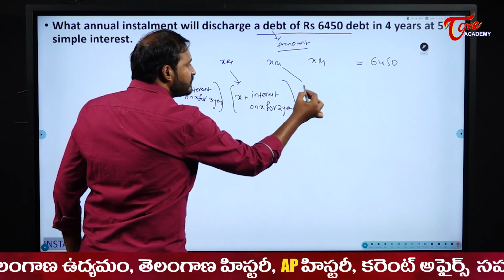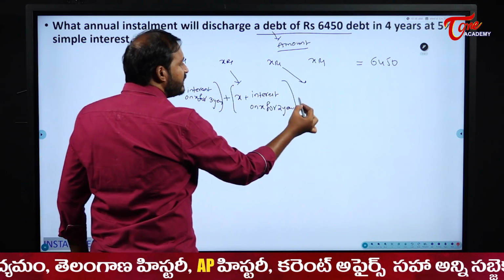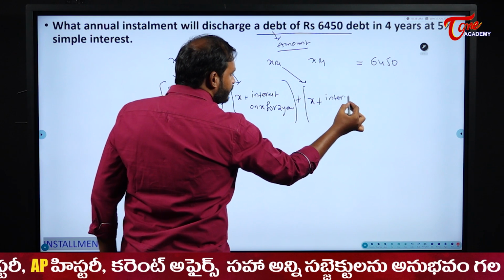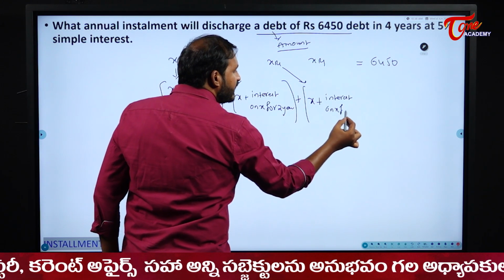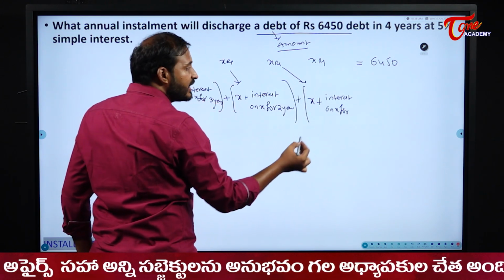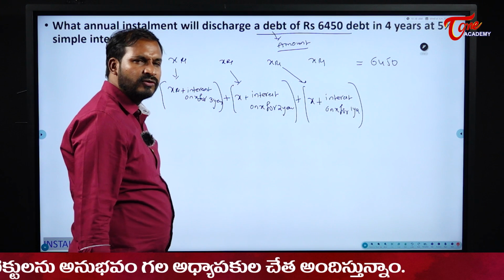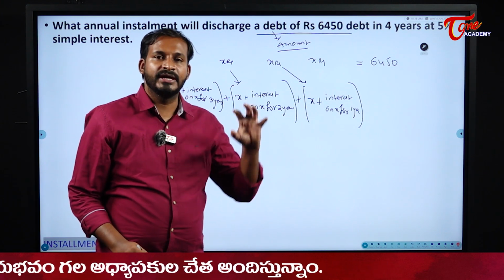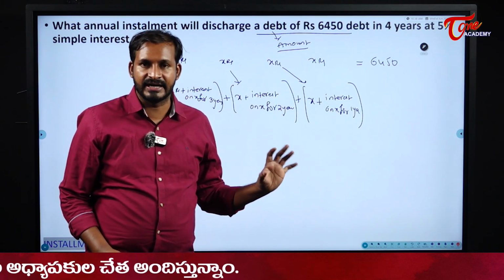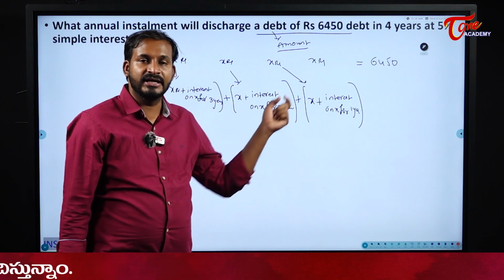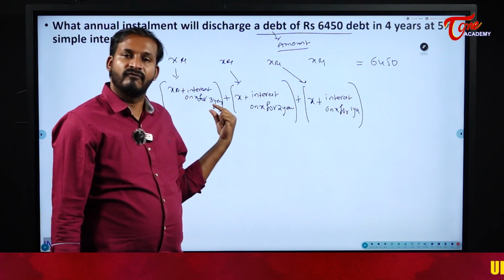When it comes to this x rupees, it means x plus interest on x. Next, for how many years, students? You are paying it before 1 year, right? So, 1 year. If you are meant to pay it after 4 years, in a general case, but when you pay the first installment, what is the time difference between 4 years and 3 years? 1 year.